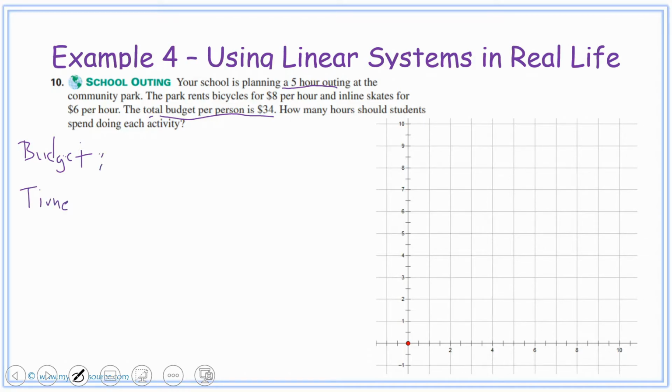For the budget, it's $8 per hour for bicycles. I can let X represent the hours for bikes, and Y the hours for skates. So for my budget, I have $8 per hour, that's 8X, plus 6Y, equal to $34.